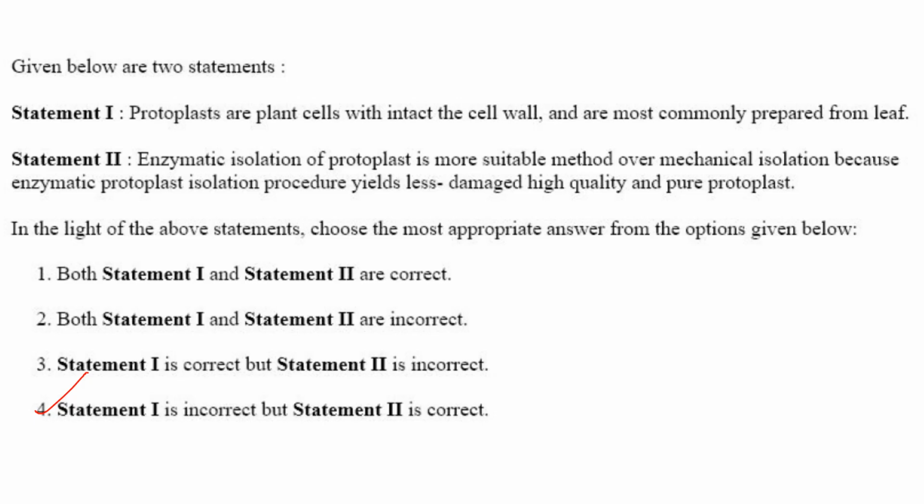That is correct. There are two types of protoplast isolation, enzymatic isolation and mechanical isolation. Enzymatic isolation is the one more preferred because it results in less damaged, high quality, pure protoplasts, whereas mechanical isolation results in more damage. So statement 1 is incorrect, but statement 2 is correct. So the answer here is option 4.